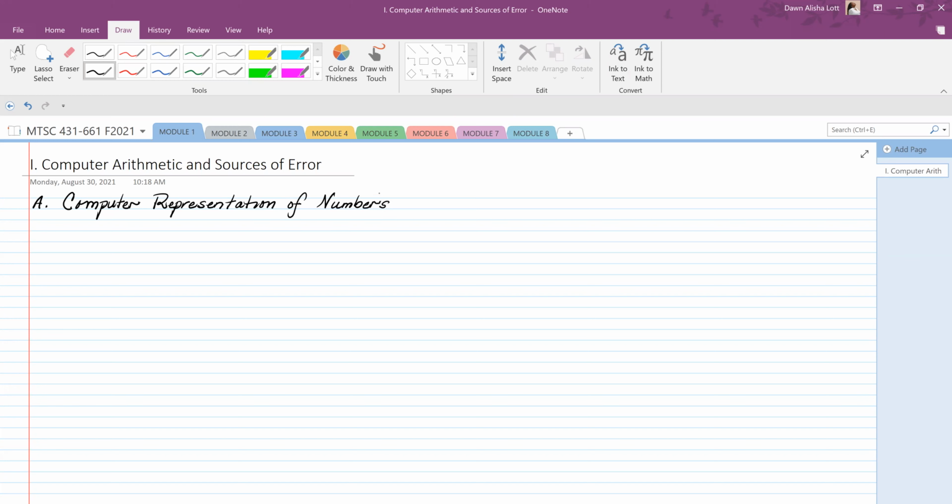Okay, so here we want to talk about the floating point form that is used to represent real numbers. So we use a floating point form, and it depends on your actual computer.